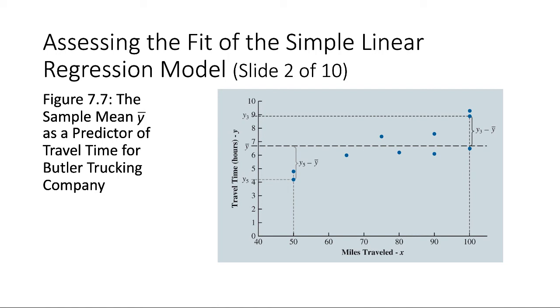From this figure, which again highlights the residuals for driving assignments 3 and 5, we can see that it tends to overpredict, that is, negative residual travel time, for driving assignments that have relatively small values for miles traveled, such as driving assignment 5, and tends to underpredict, that is, positive residual travel time, for driving assignments that have relatively large values for miles traveled, such as driving assignment 3.